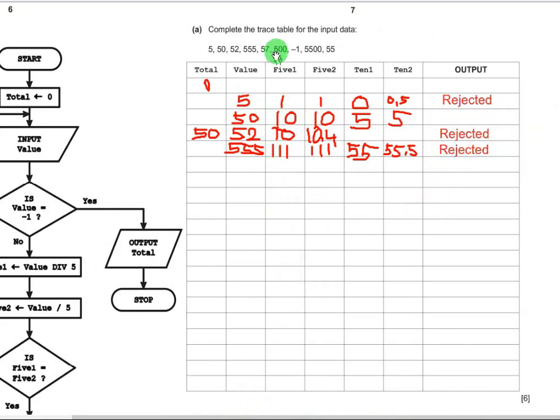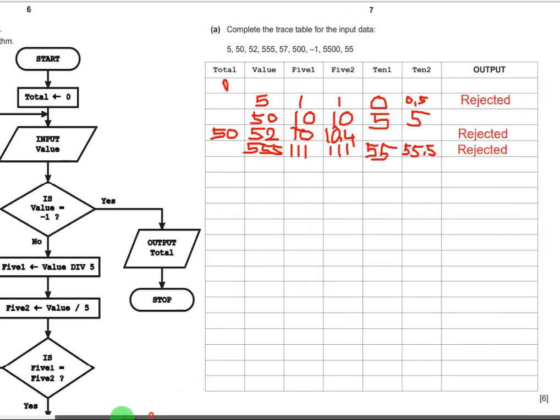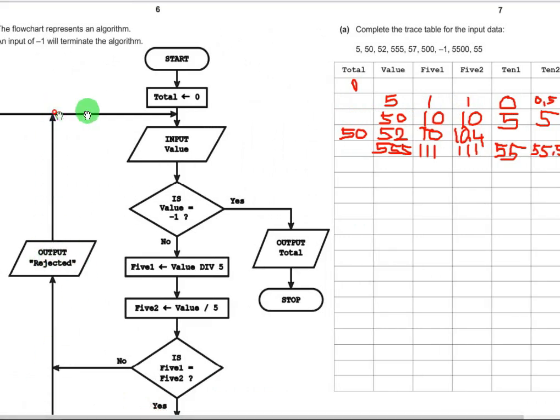Now let's move forward. 57 as the next input. After it's rejected, I know the pattern. The next one will be input value, so it will be 57. You put the 57 here. You see, guys, when you're first trying, it's a bit slow.